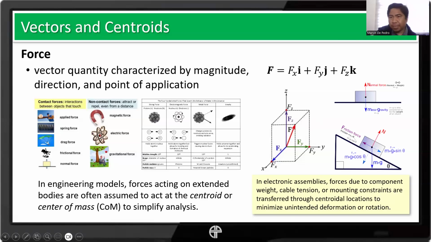I will not discuss this because we are going to have a formal discussion on force. I just introduced force because some of our examples in the next section will involve force. How it relates to motion, we're going to elaborate further in a formal discussion in our next two modules.